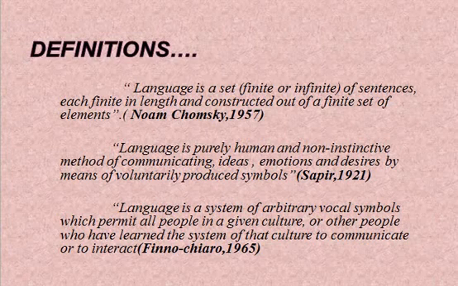Another definition is by Sapir, who delivered his definition in 1921. Language is a purely human and non-instinctive method of communicating ideas, emotions and desires by means of voluntarily produced symbols.